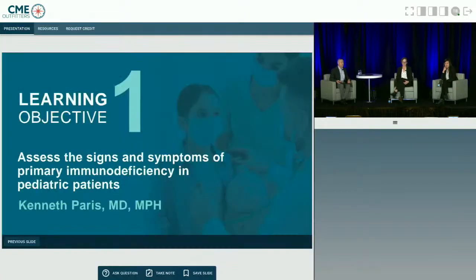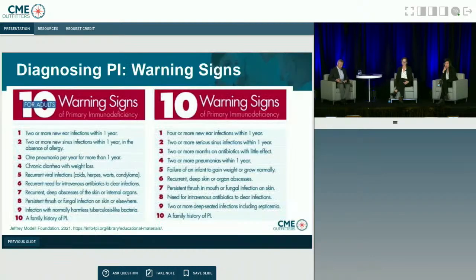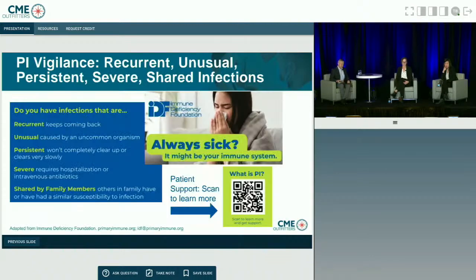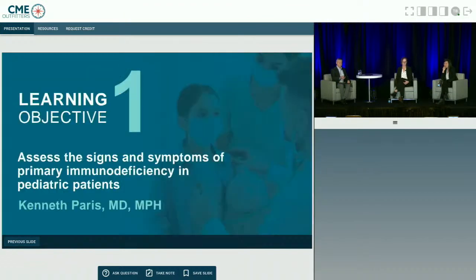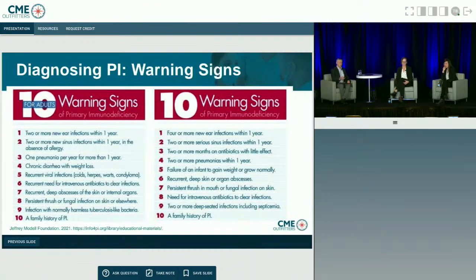Okay, let's focus now on learning objective number 1, assessing the signs and symptoms of primary immunodeficiency. As I mentioned, as physicians we've over the years probably done a pretty poor job at making timely diagnoses of patients with primary immunodeficiency.